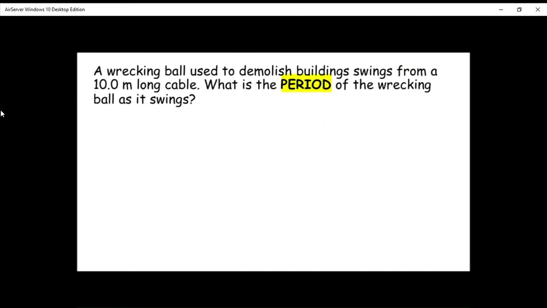A wrecking ball is used to demolish a building. It swings from a 10-meter long cable. What is the period of the wrecking ball as it swings? All right, you're going to give this a try before I do.